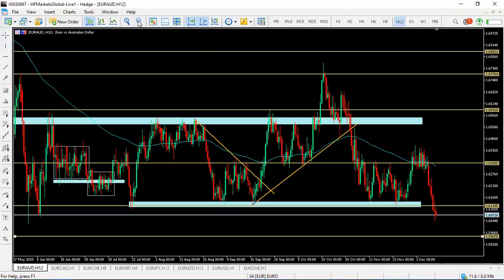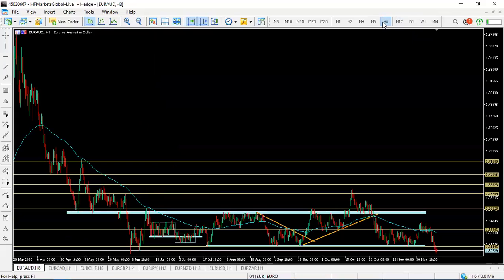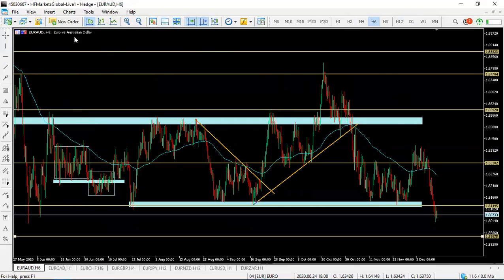So we have a trend line around. So take the weekend and just try and analyze all these currencies so that you won't have all these troubles. So we have that trend line.